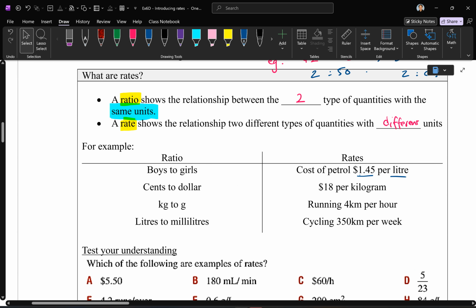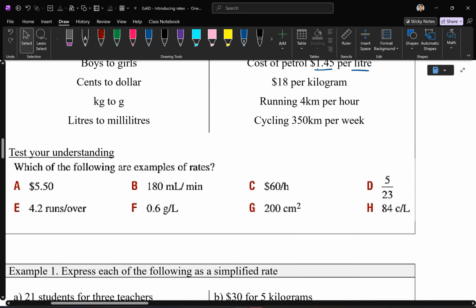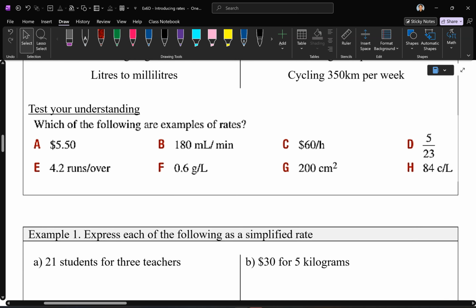Let's see if you understand what I just described. So first thing is to understand the difference between rates and ratios. Here we go. I'm going to give you 30 seconds.